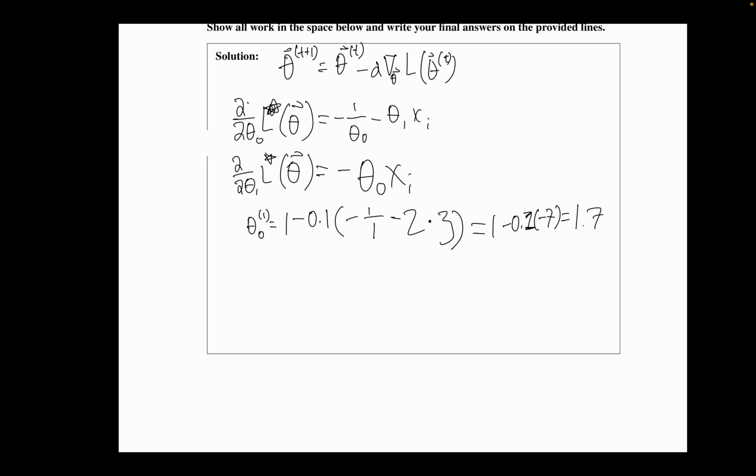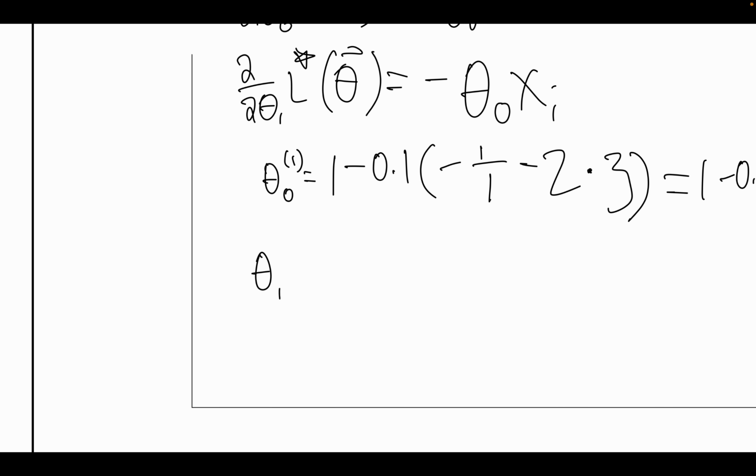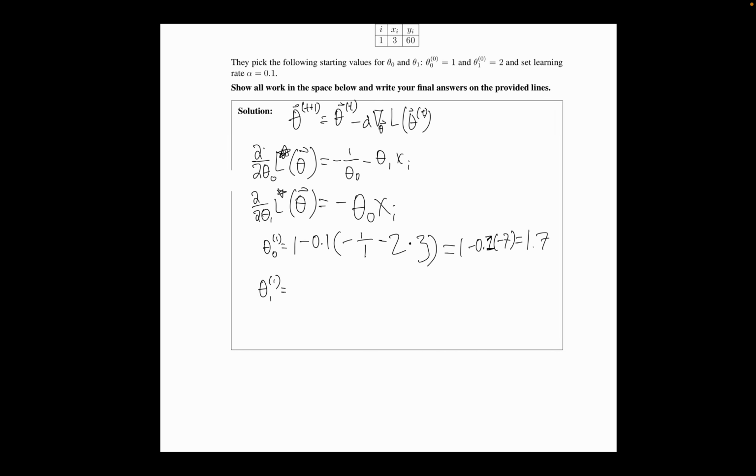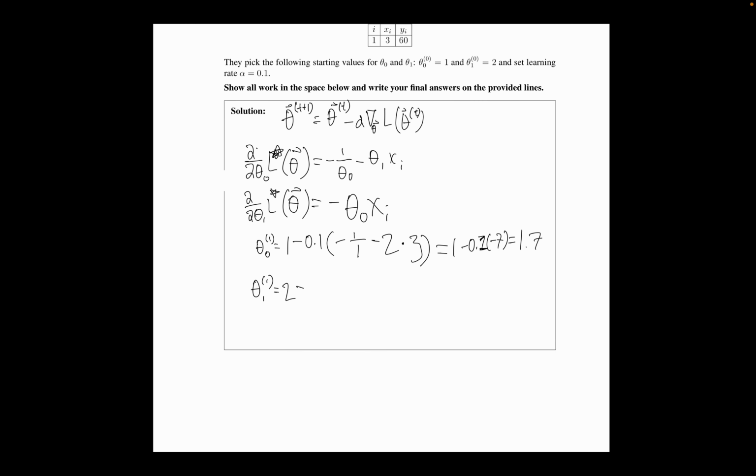And now we solve for theta 1. Should be the same process. We put theta 1 first instead. That should be 2 minus 0.1, and then the gradient, which should be negative 1 times xi, which is 3, which is equal to 2 plus 0.3, which is equal to 2.3.